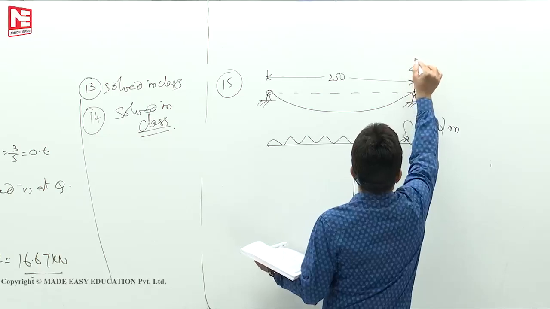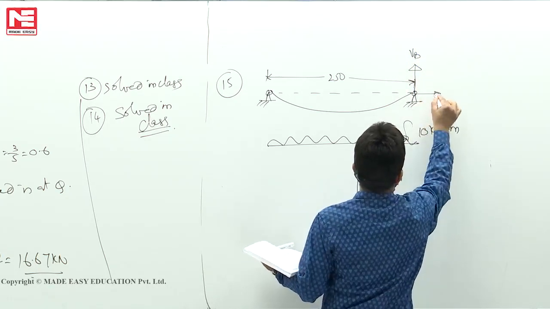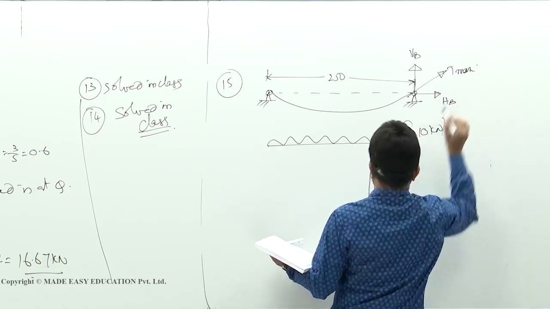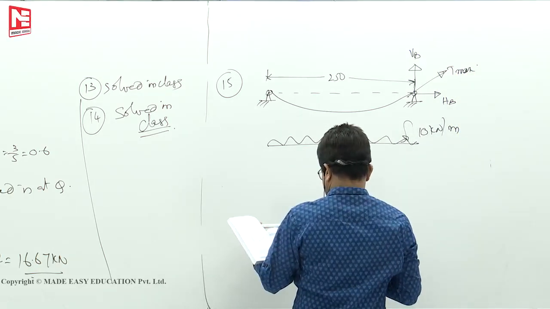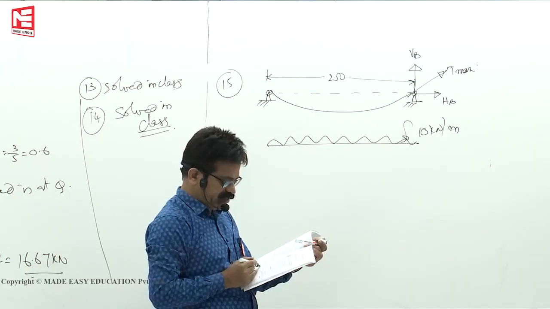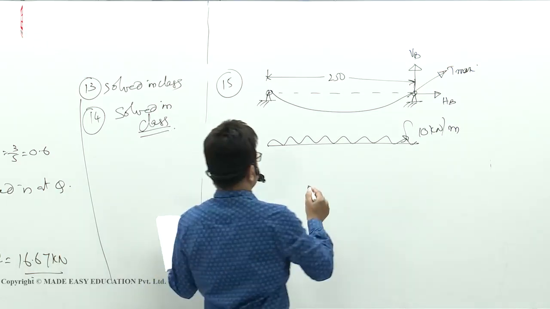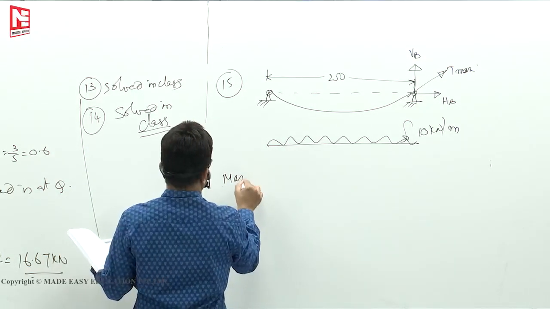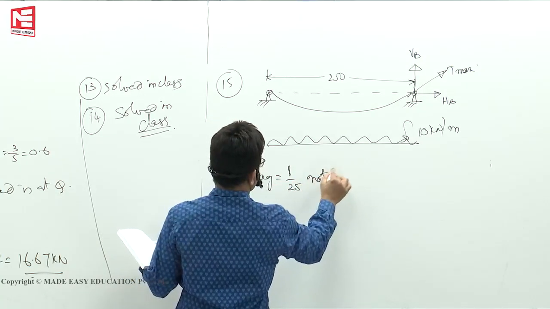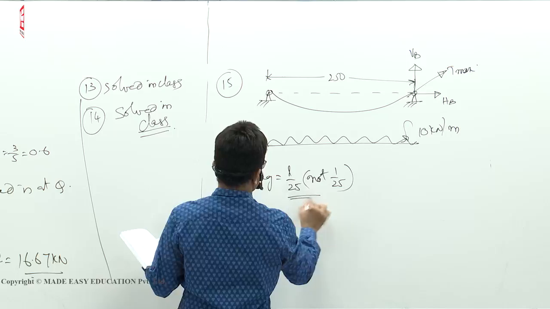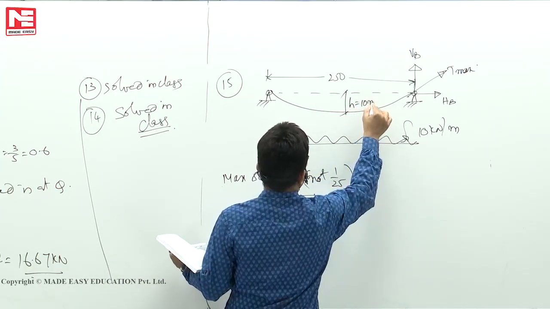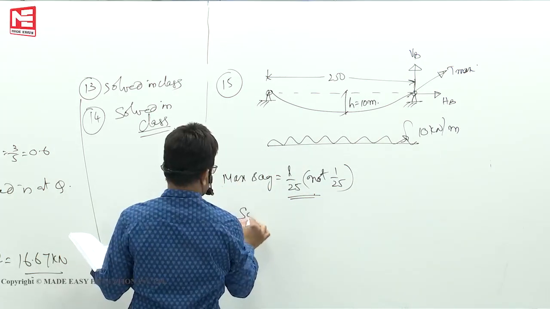To find this, it is VB, HB. This is T max, the maximum tension, if the maximum sag is L by 25. It is not 1 by 25, it is L by 25. Maximum sag is equal to L by 25, not 1 by 25. So only this will now become 10 meters. Okay, this is solved in the class.